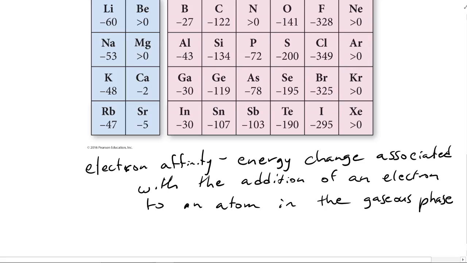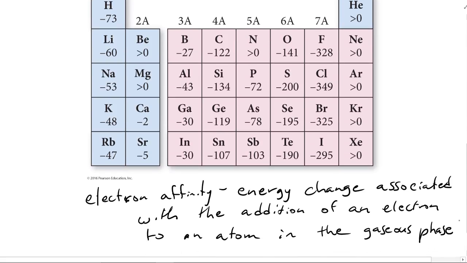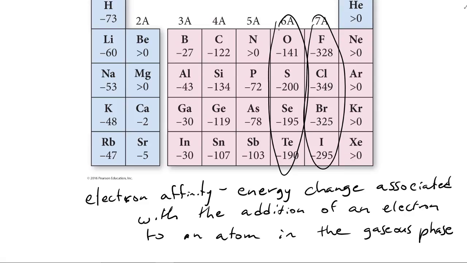Now the electron affinities, if we looked at these values, there are no real general trends to these, other than we see that these elements of group 7A and group 6A have a very high electron affinity. And if we talk about what the word affinity means, it's an attraction for electrons.